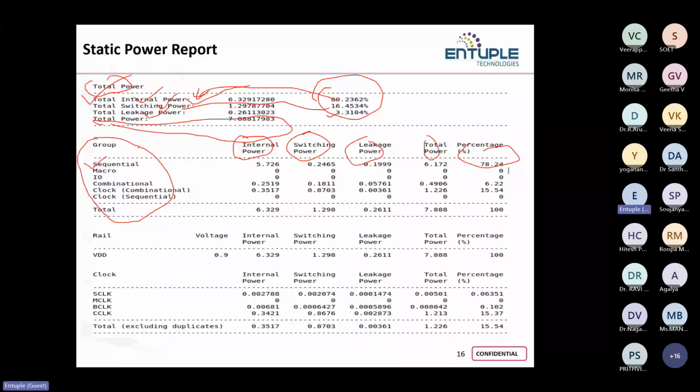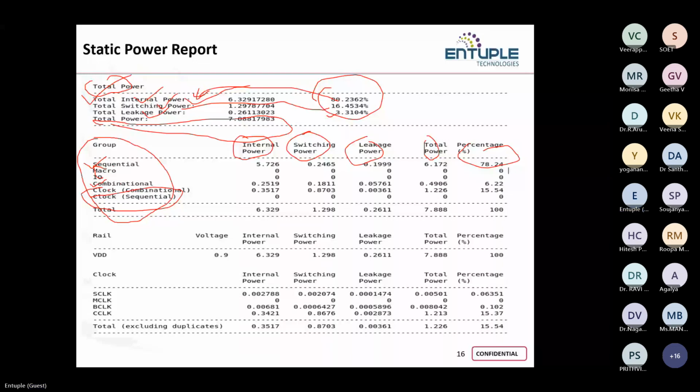If you have macros, power pads, combinational or sequential cells, the clock also consumes more. Clock is the main major one. If you have more clock switching activity, more power will be consumed, so you have to plan the clock network very well. Otherwise you will end up with a lot of power consumption from the clock component.